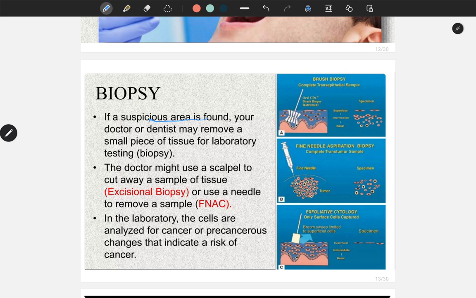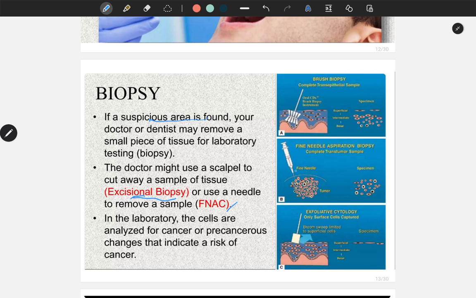There are different types of biopsy that we will not go into in detail; in this presentation we will cover only the basic part. The doctor might use a scalpel to cut away a sample of tissue, which is called an excisional biopsy, or use a needle to remove the sample, which is called FNAC, fine needle aspiration cytology.